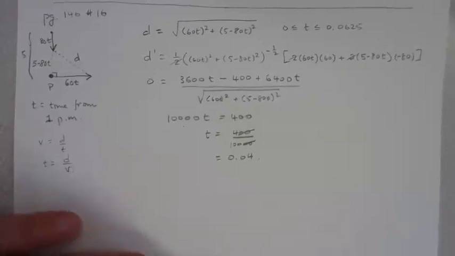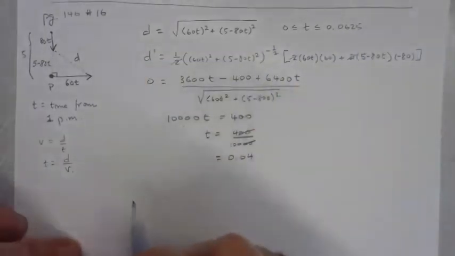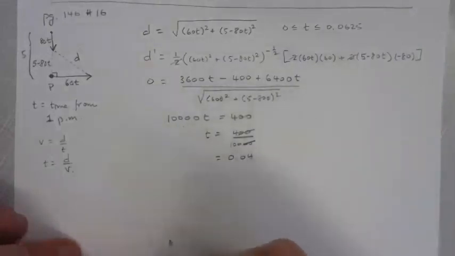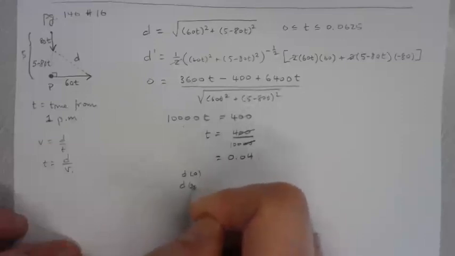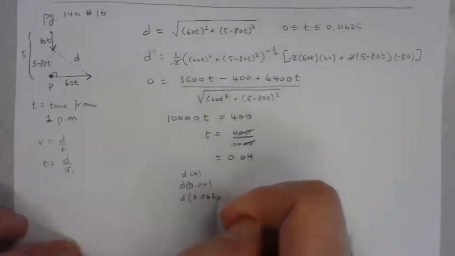So now here, we have a closed interval, so we could just check that. Check all the different possibilities and see that this is indeed the shortest. So I'm going to check D at 0, D at 0.04, and D at 0.0625.